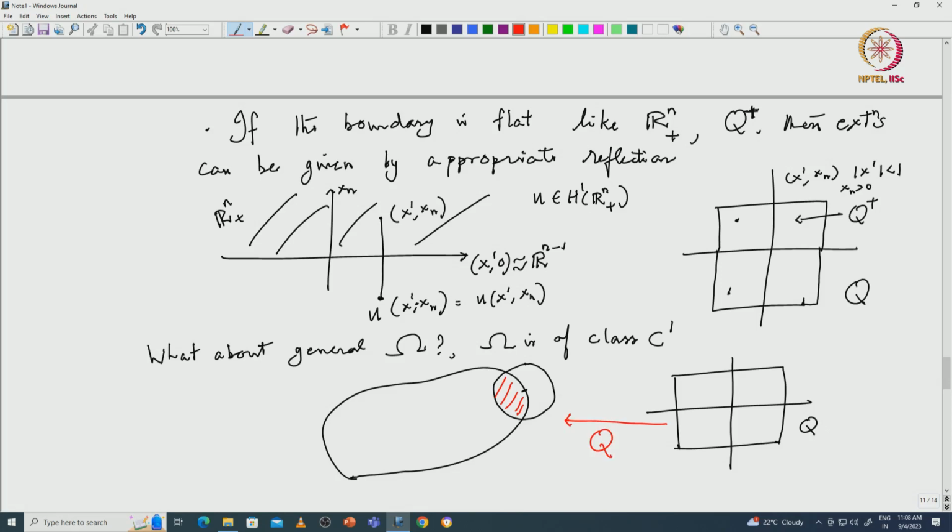Every point on the boundary should have a neighborhood, and this map is a bijection.